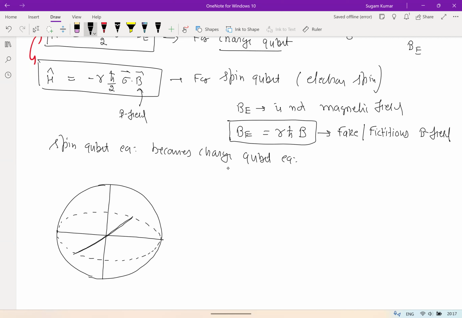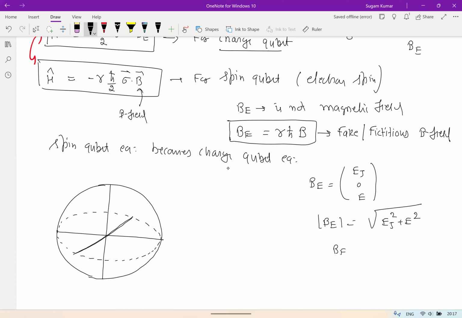Here also, try to understand this B_E, which is actually equal to (E_J, 0, E). And if you look at the B_E magnitude, this is actually equal to the square root of E_J squared plus E squared.